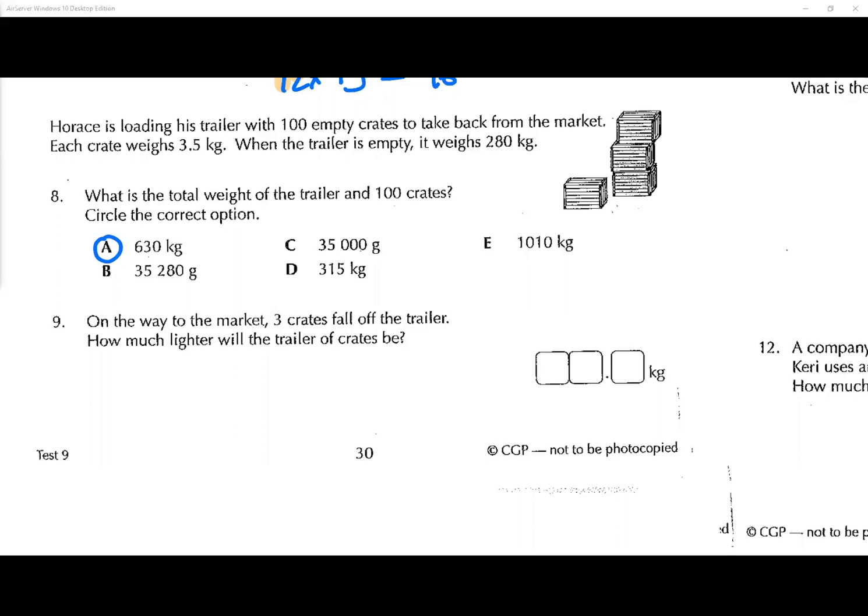I did 3 times by 10, which is 30. Then I times it by 100 because there's 100 crates. And then it gave me 300.